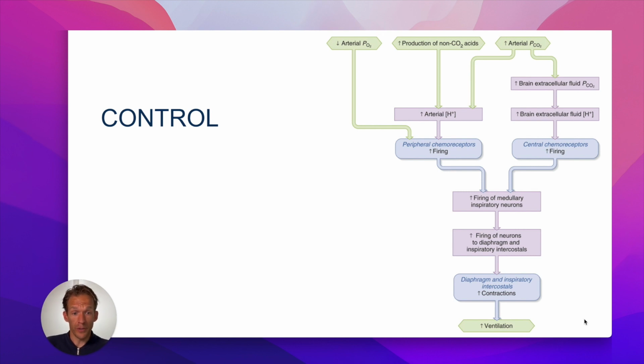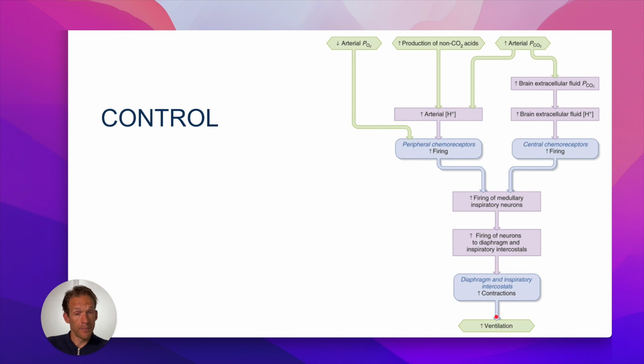For example, if you start here with an increase in the arterial PCO2 that is present, then through either the central chemoreceptors or the peripheral chemoreceptors, you can see that the medulla oblongata is triggered. That will trigger a response to the inspiratory muscles, and then ultimately that will lead to an increase in the ventilation.